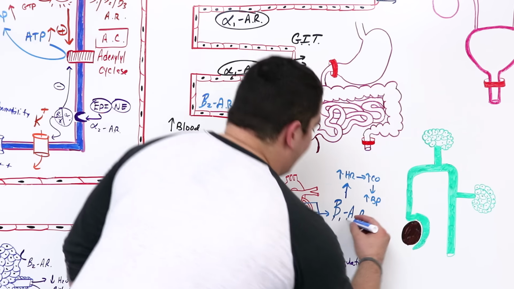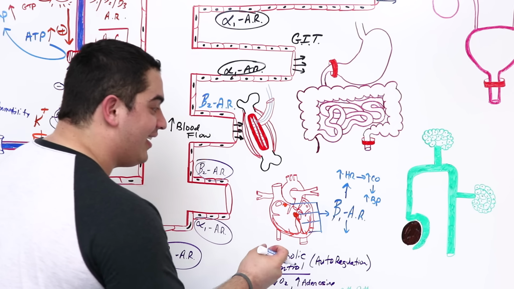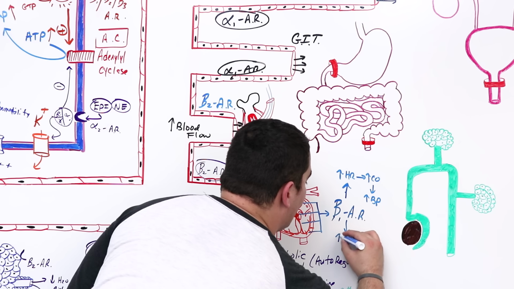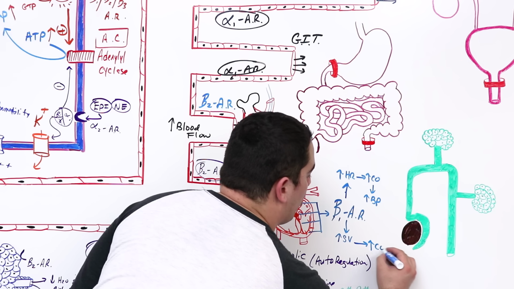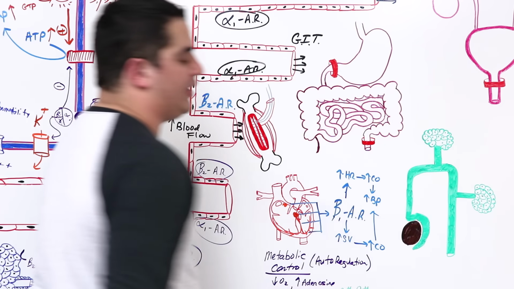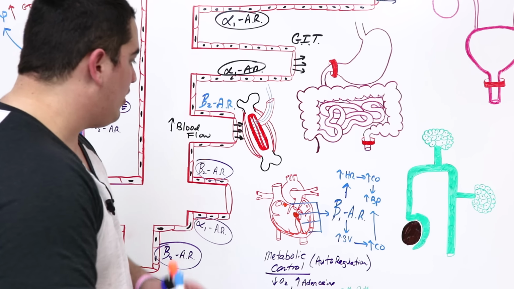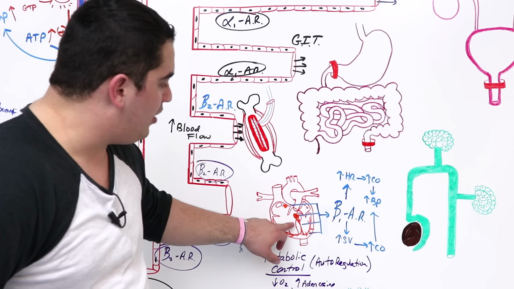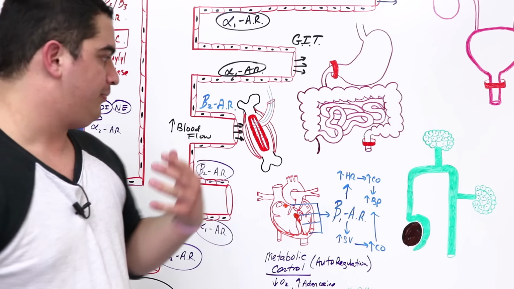Okay? At the other end of this, it's going to increase the contractility, increasing the calcium loading into these cells. If that happens, it's going to increase stroke volume. If you increase stroke volume, you increase cardiac output. And if you increase cardiac output, you increase blood pressure. Okay, so we know that there are beta 1 adrenergic receptors located on the SA node, AV node, bundle of His, and the contractile myocardium. All right.